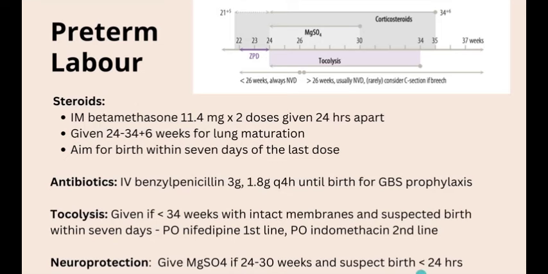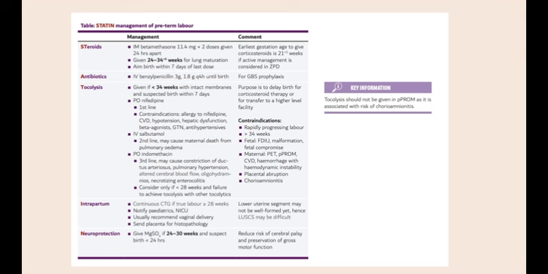So that's a lot to remember, and there's actually a really good diagram here that's in the MOGIG guide that's helpful, and it's the STATIN management of preterm labor, where you have steroids, antibiotics, tocolysis. They have a letter for intrapartum, meaning that you need to have continuous CTG, notify pediatrics, and also neuroprotection as well. So giving magnesium sulfate to reduce the risk of cerebral palsy, and the preservation of gross motor function.